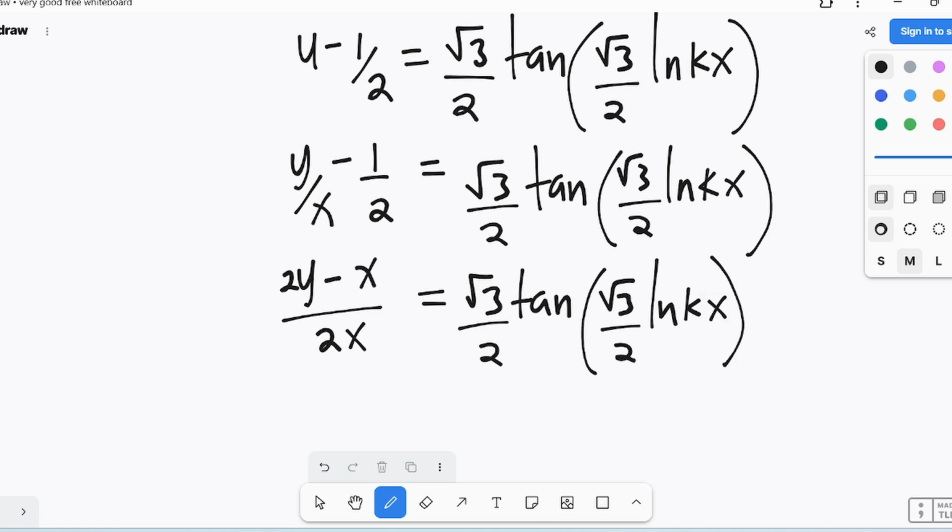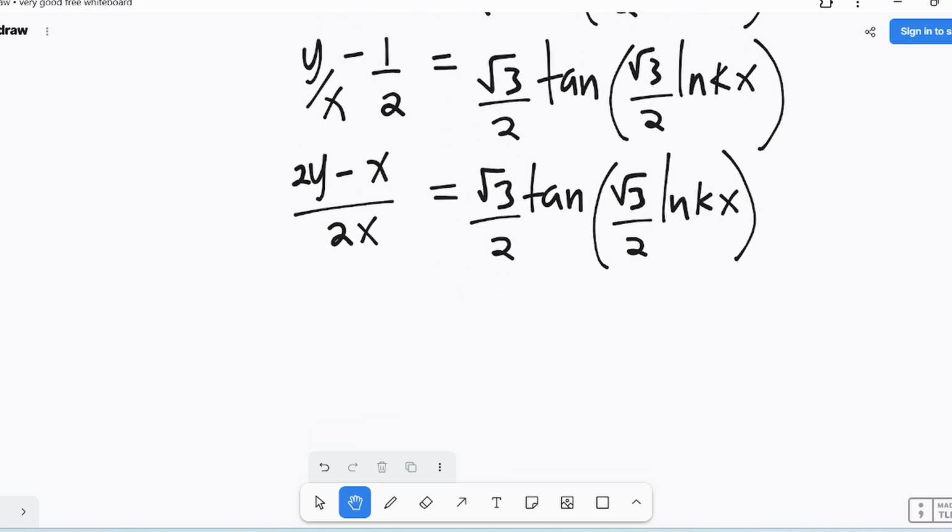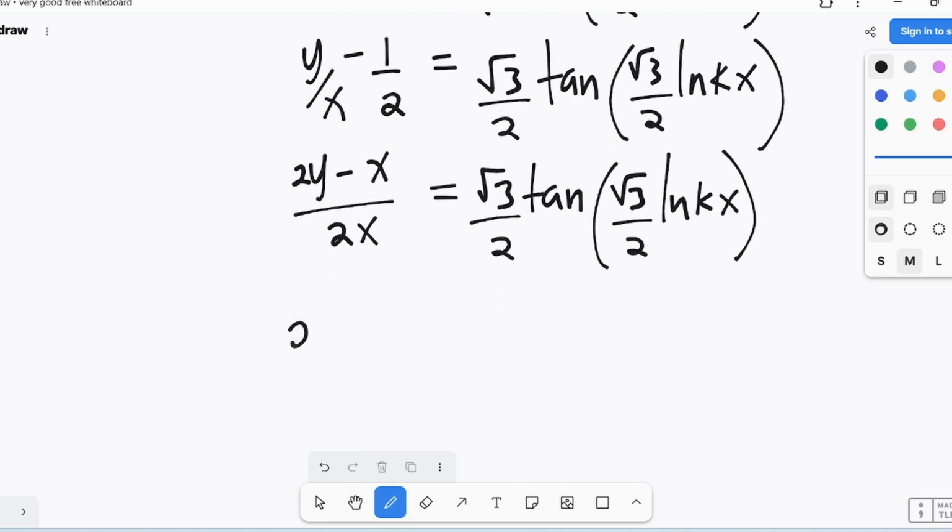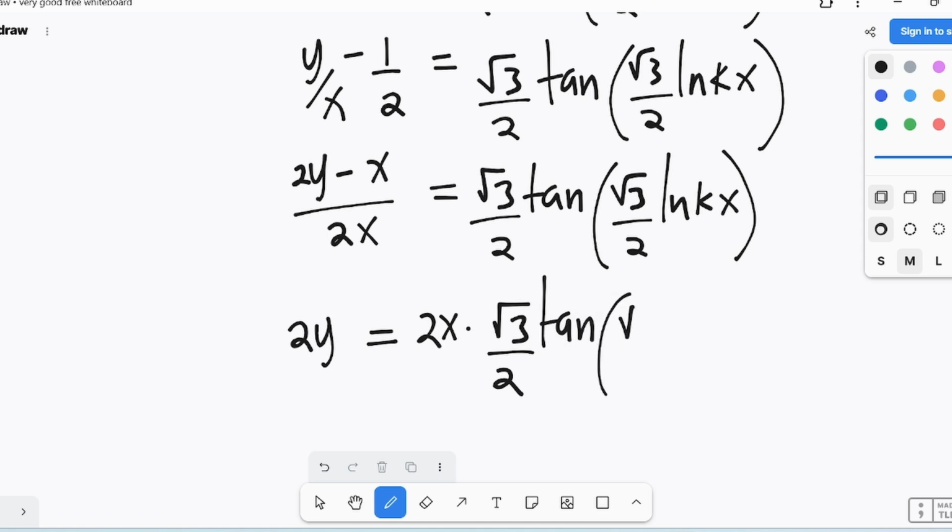So finally, remember our aim is to get y. Finally, our 2y will equal to 2x times root 3 out of 2 tan of root 3 out of 2 ln kx plus x.